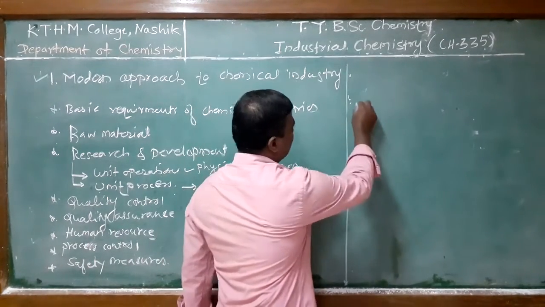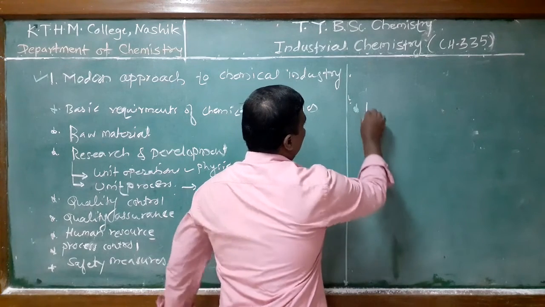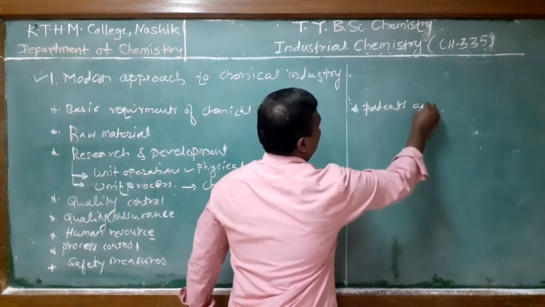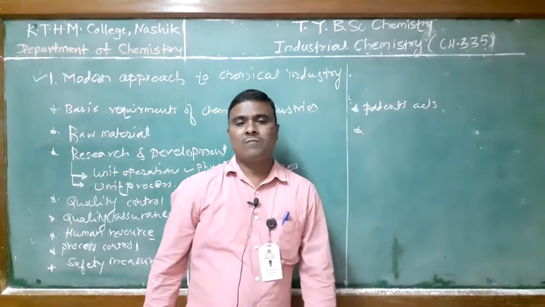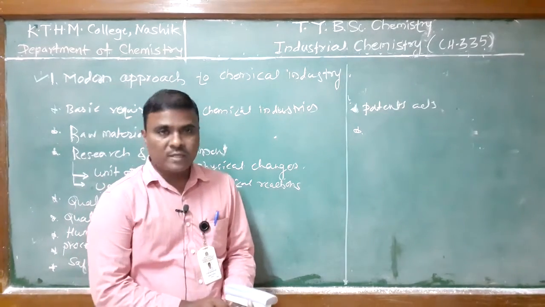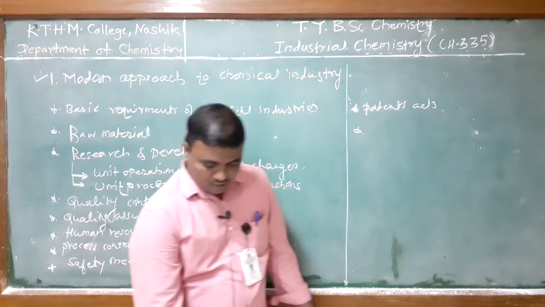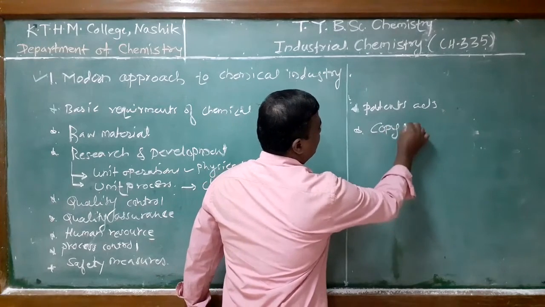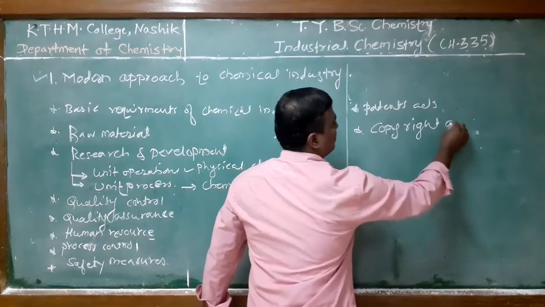So, for that purpose we will discuss Patent Act. Not only in industry, even if you are writing books, novels, poems or anything, that intellectual invention we need to cover, and for that purpose to understand that one, we will discuss Copyright Act.